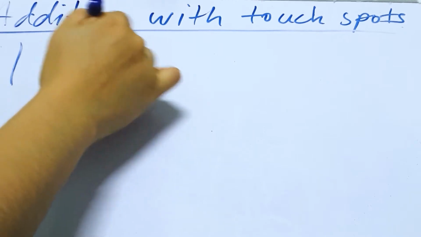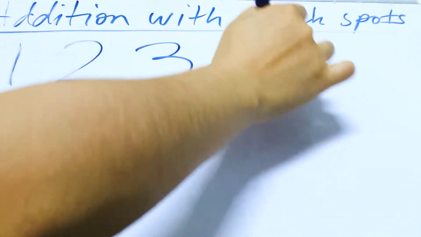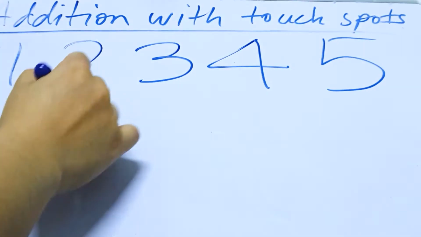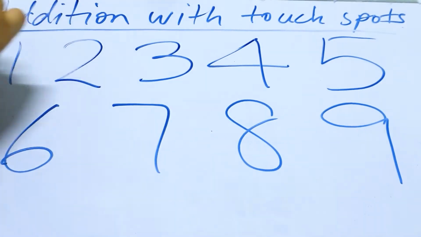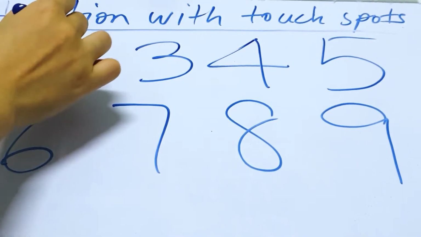Some people still cannot remember the Touchspots, so I have to recap. It will be 1, 2, 3, 4, 5, 6, 7, 8, 9. So the Touchspot for 1 is this one.